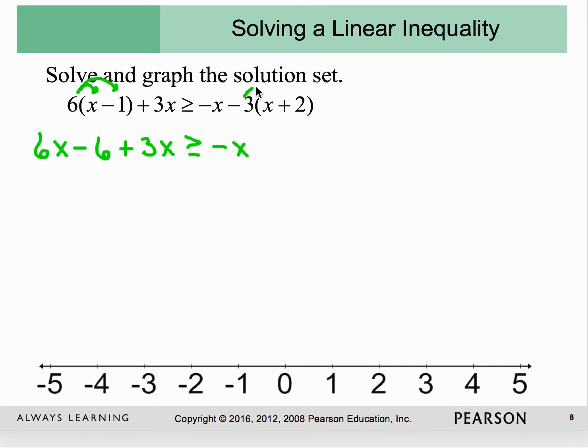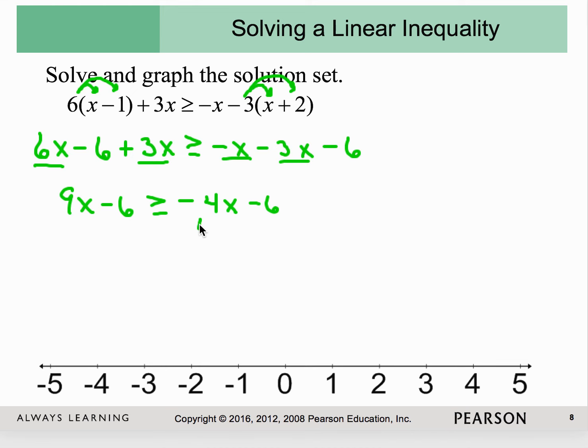Now don't forget it's really negative 3 we're distributing here. Negative 3x minus 6. Okay, so simplify each side just like an equation. 9x minus 6 greater than or equal to minus 4x minus 6.